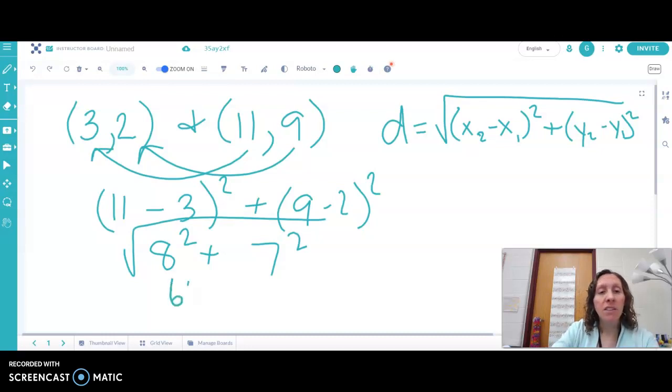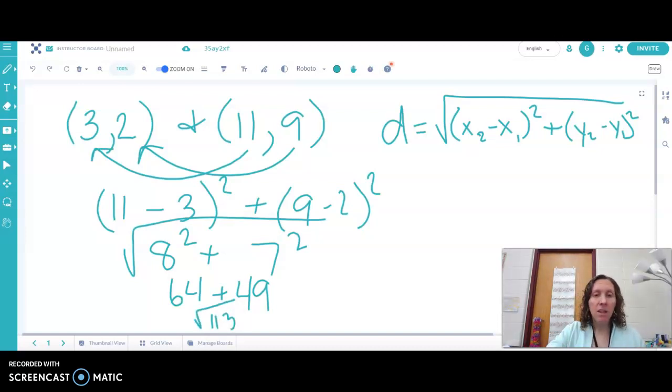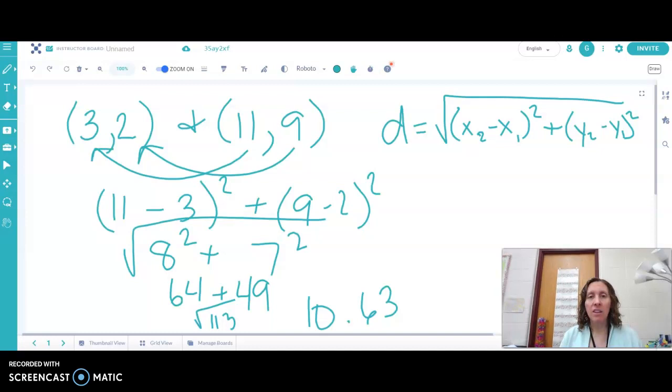So we have 64 here plus 49 here. All right, so when we take the square root of 113, probably should have drawn that square root symbol, we get 10 63/100.